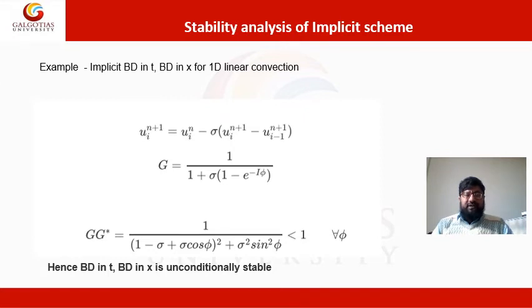After some algebraic manipulation, you will get this: u_i^(n+1) equals u_i^n minus sigma times (u_i^(n+1) minus u_(i-1)^(n+1)). So there are many terms at the future level and only one term which is known. We discussed in a previous lecture how to solve these types of equations, in which we write this equation at all the nodes and then solve them simultaneously using Cramer's rule, Gauss-Seidel iterations, etc.